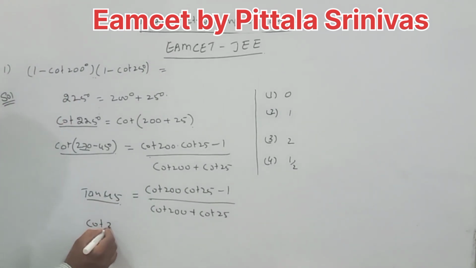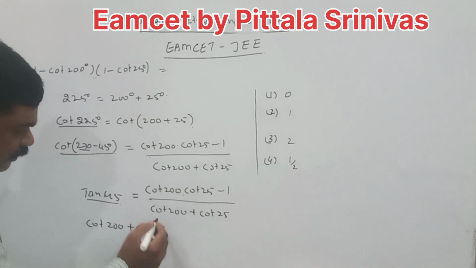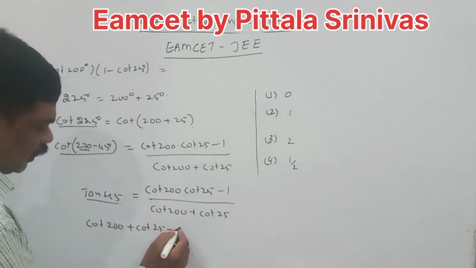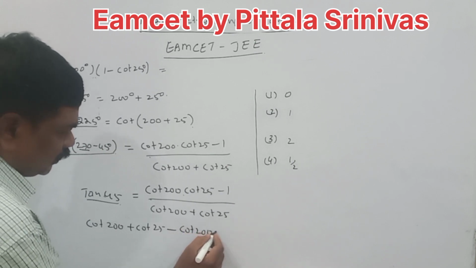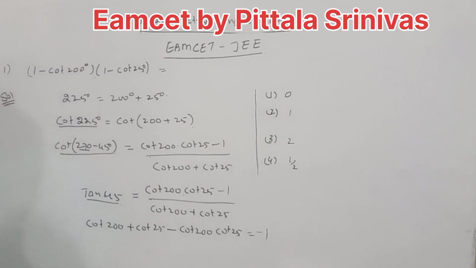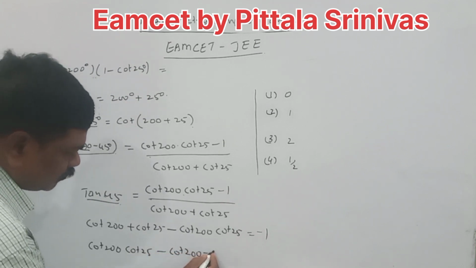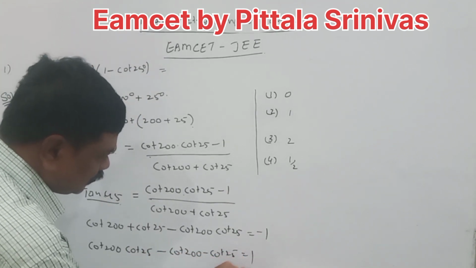Therefore, cot 200 plus cot 25, you take to this side, that is minus cot 200 into cot 25 is equal to minus 1. You can multiply both sides with the minus. So cot 200 into cot 25 minus cot 200 minus cot 25 is equal to 1.